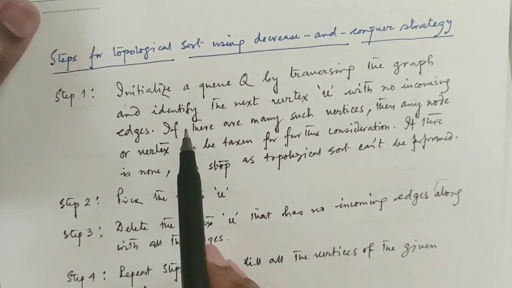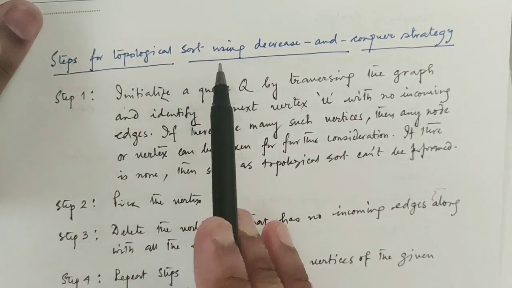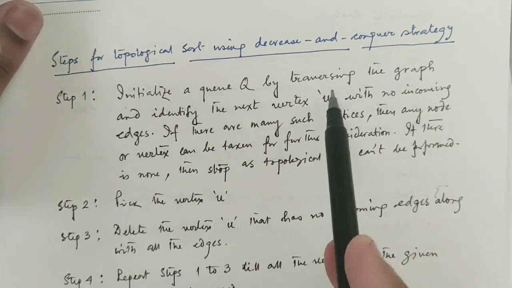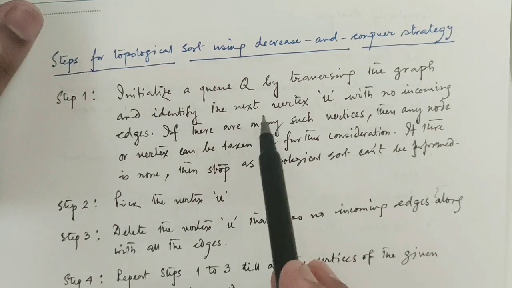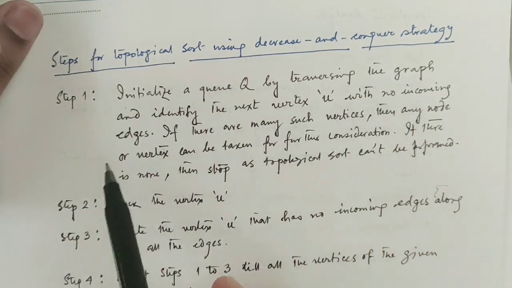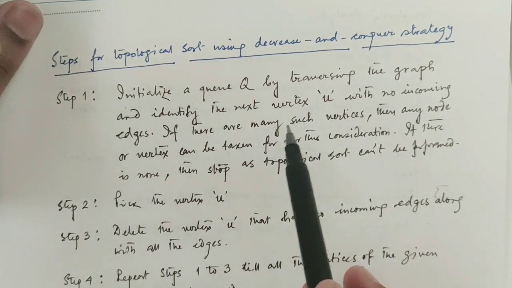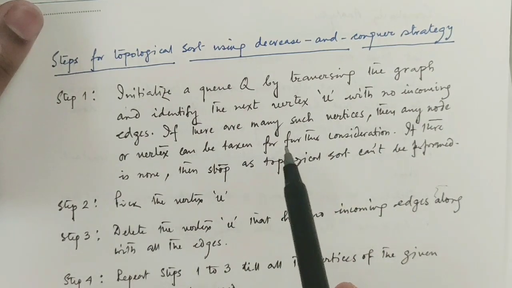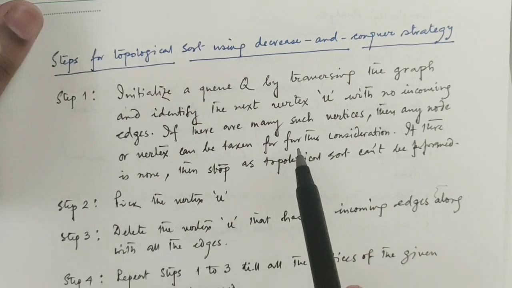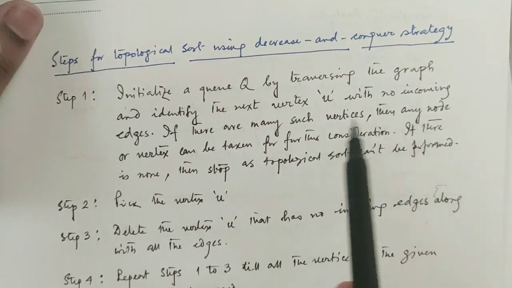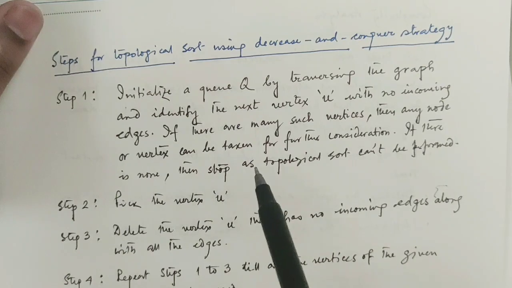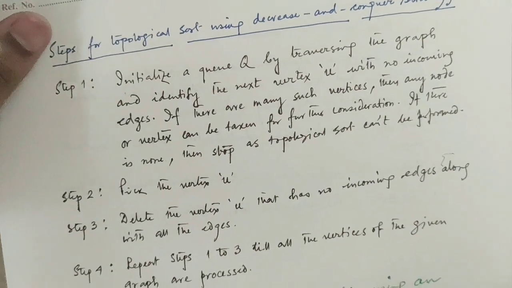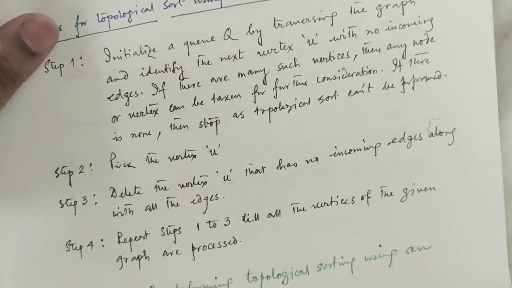Initialize: traverse the graph and identify the next vertex u with no incoming edges. If there are many such vertices, then any vertex can be taken for further consideration, and if there is none, then stop, as topological sort cannot be performed. So not in all cases will you get a successful result.